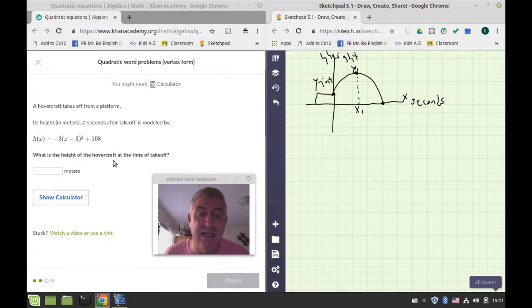And the height at the time of takeoff, height at the y-intercept, what do we know? We know that x is 0, and we want to know y. So how do we find that?